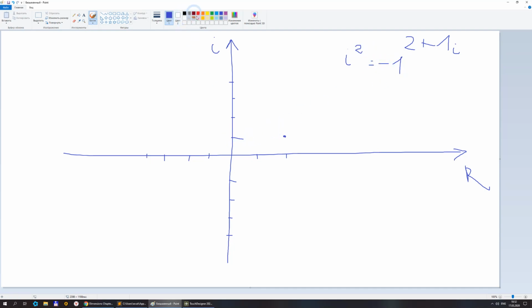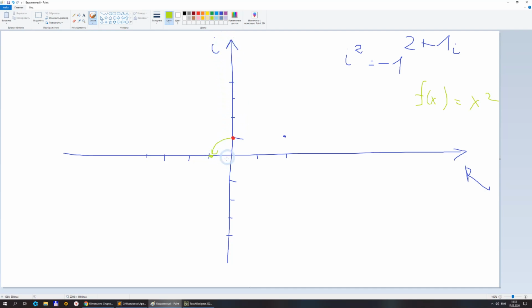So if you, let me choose another color, if you have the dot here that represents i, if you put it as an argument in function f(x) equals x squared, so i squared equals minus 1, so it goes here on the minus 1 spot.